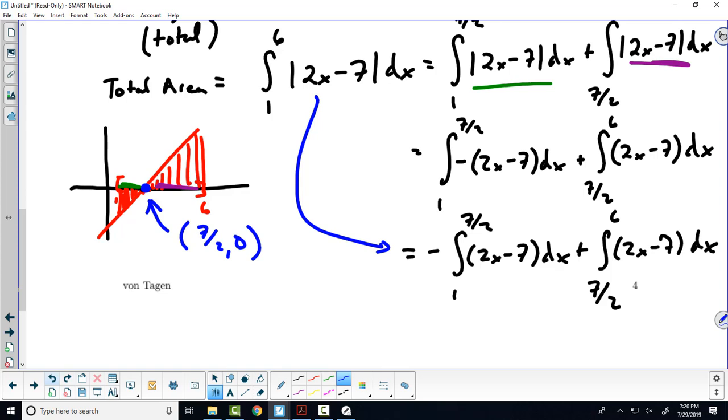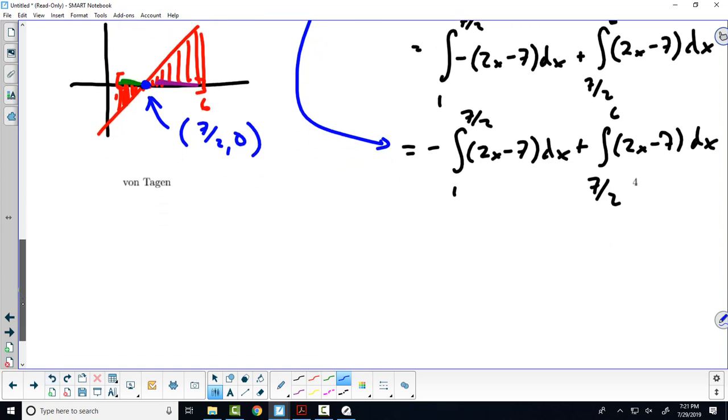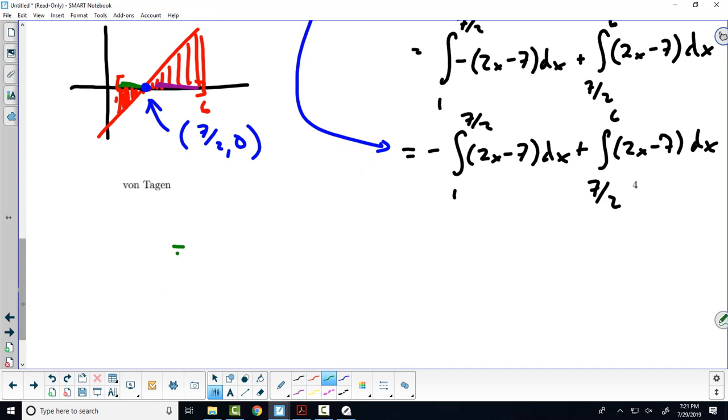So this first one's going to be minus, how do I find the area of a triangle? I take 1/2, the base of the triangle, which is what? 7/2 minus 1, that's the base, times the height. What's the height of this triangle? Well, when x is 1, we're at, I think, -5.